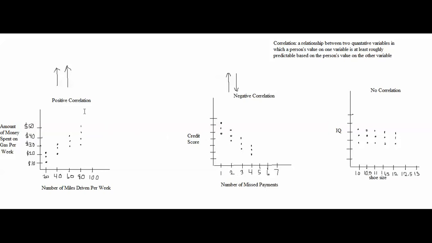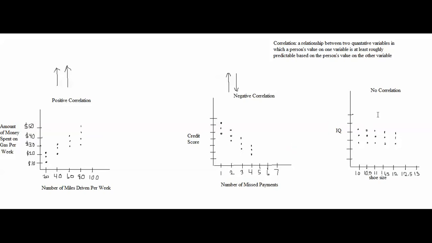So if two variables are correlated, either with a positive correlation or a negative correlation, then a person's score on one variable is at least roughly predictable based on the person's score on the other variable.